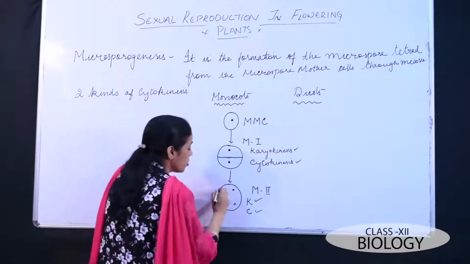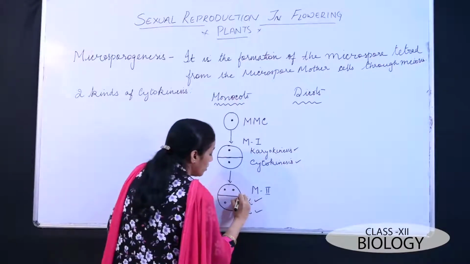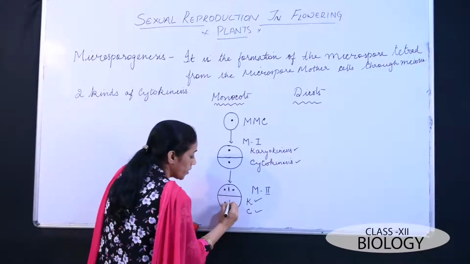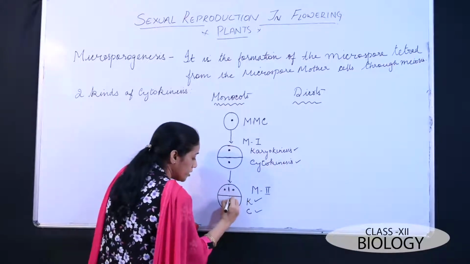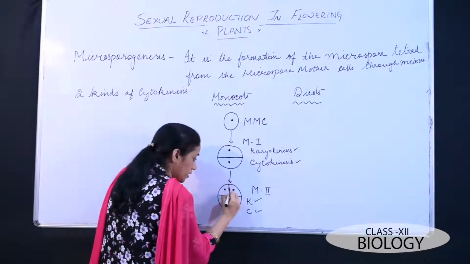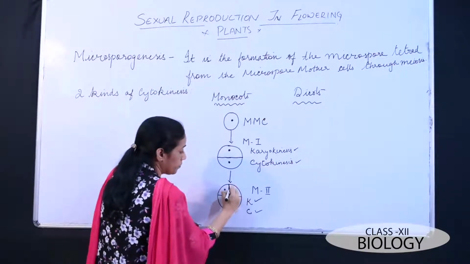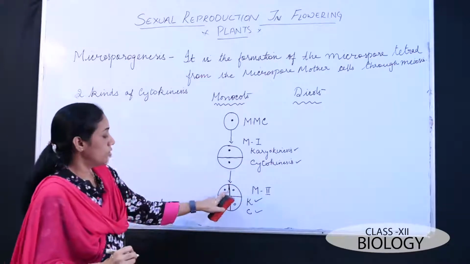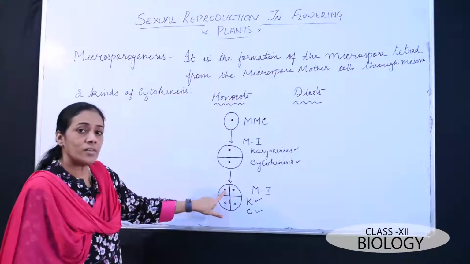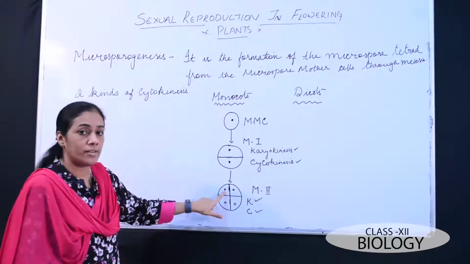So we saw earlier also a cell plate formation, and here also a cell plate will be formed, and this cell plate will continue from the center to the periphery, and this is what it will look like. So you have 4 cells over here. These are called microspore tetrads.